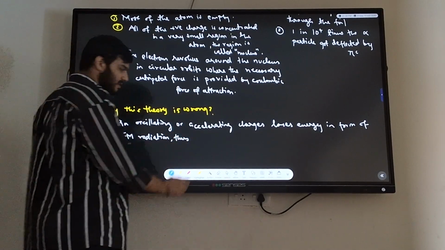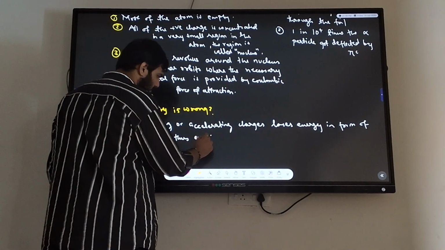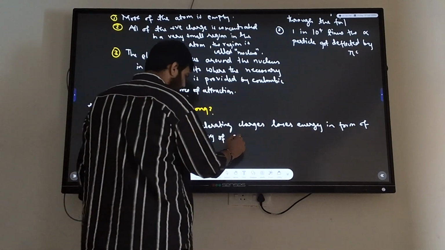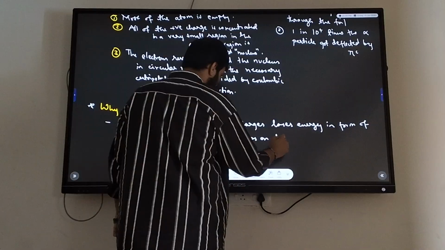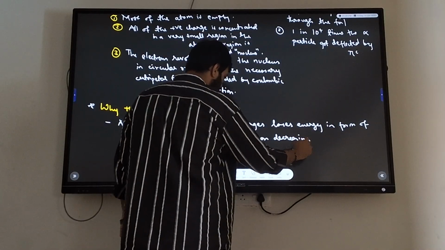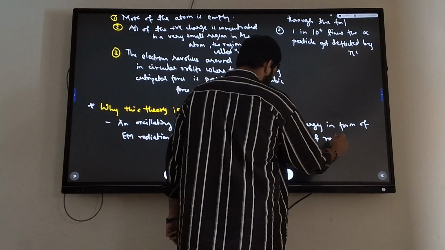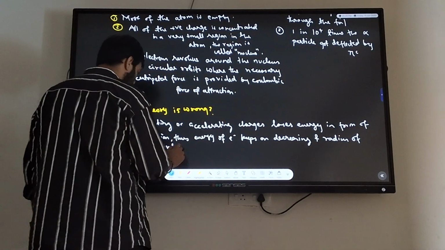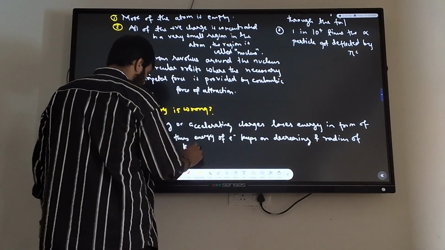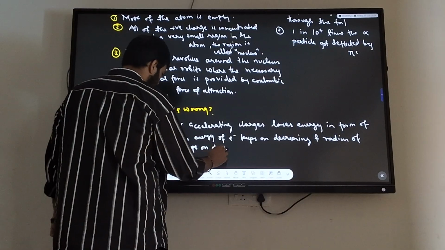Thus, the energy of the electron keeps on decreasing and the radius of the circle keeps on decreasing as well, continuously.